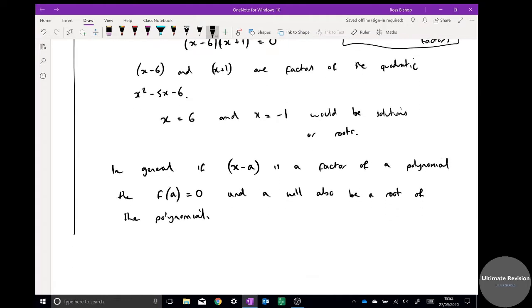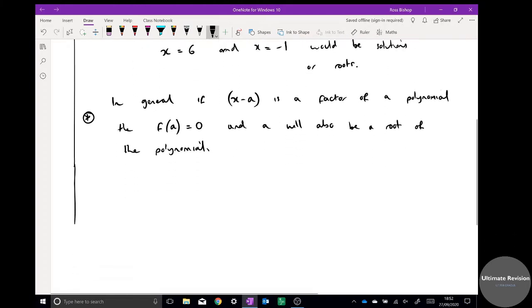Okay, now that's the general form. It'll be a bit easier when we look at a specific example.